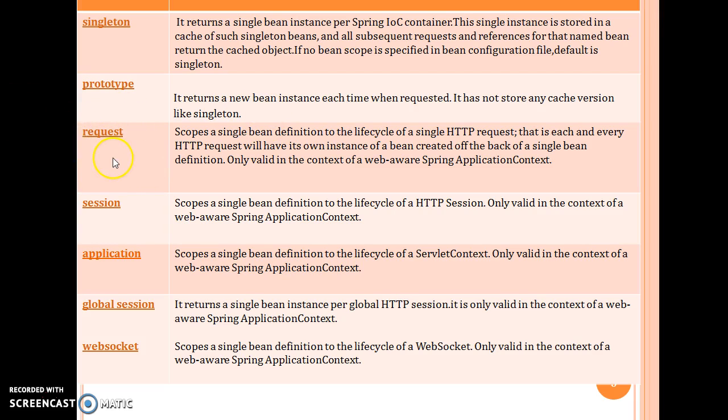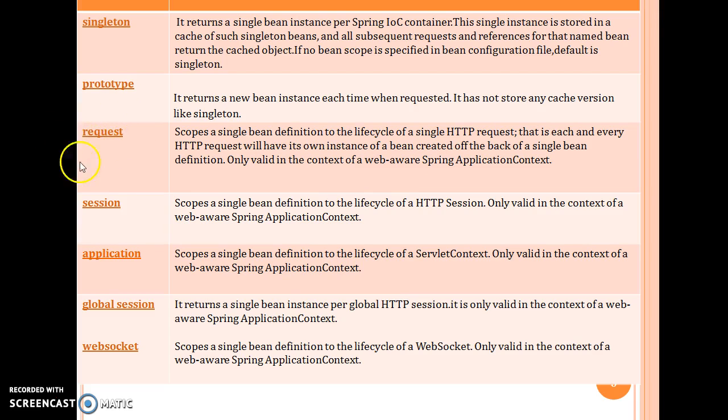The next scope is request. It scopes a single bean definition to the life cycle of a single HTTP request. That is, each and every HTTP request will have its own instance of the bean created off the back of a single bean definition. It is only valid in the context of a web-aware Spring application context.